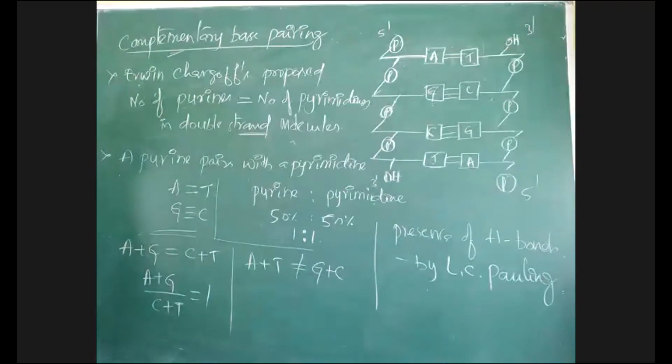L.C. Pauling is a scientist who observed the presence of hydrogen bonds in this double-stranded DNA molecule. Then we go for the double helical structure of DNA proposed by Watson and Crick.